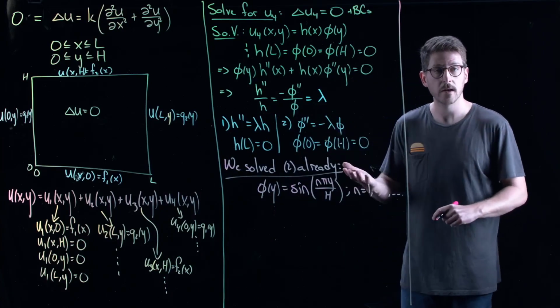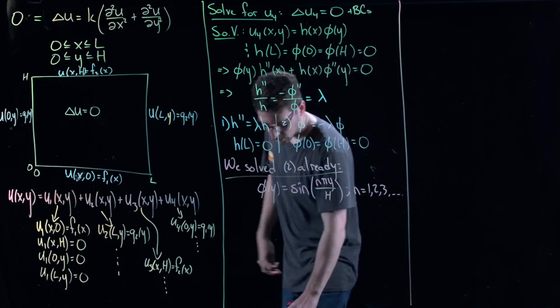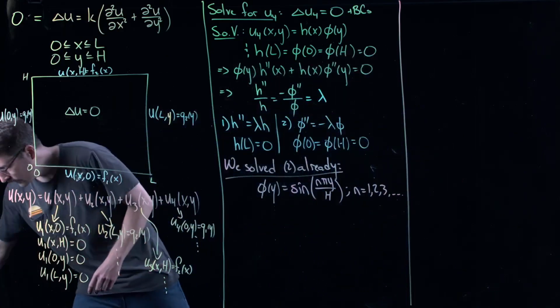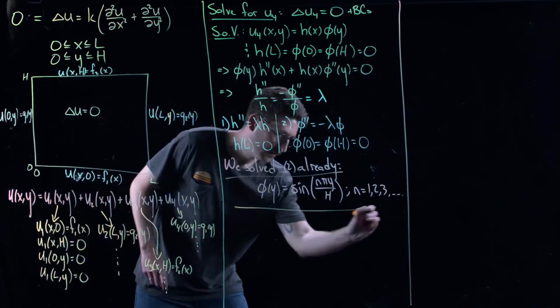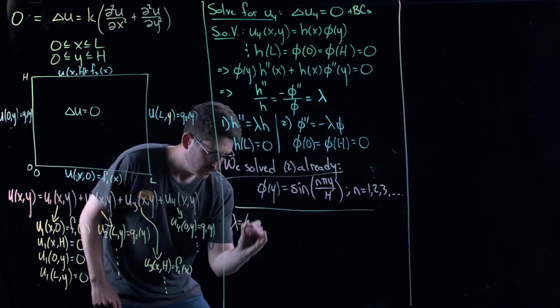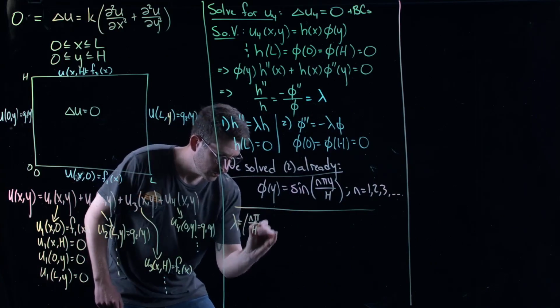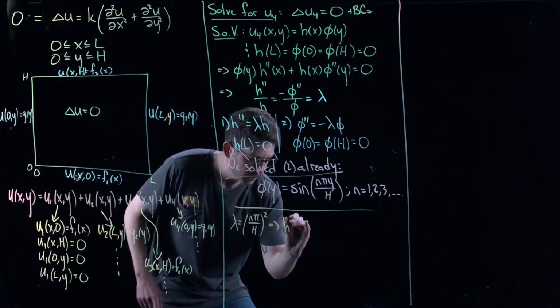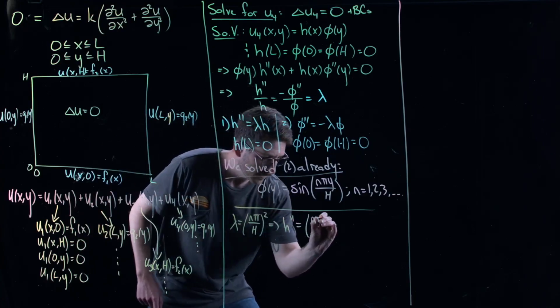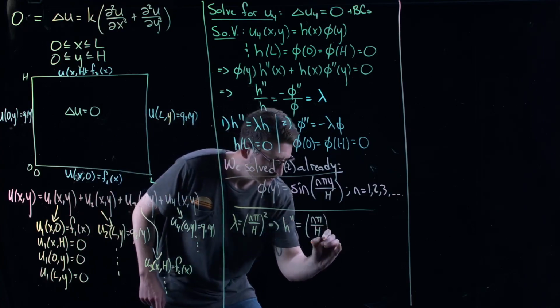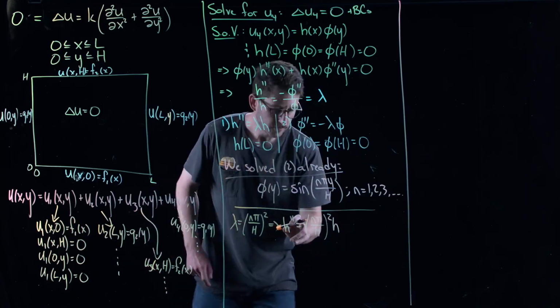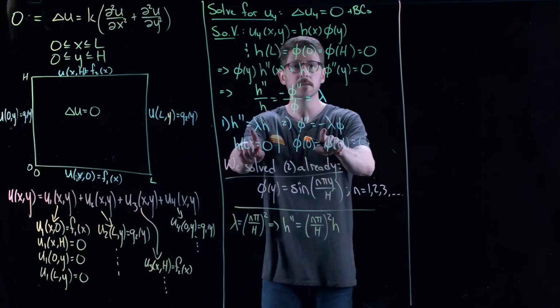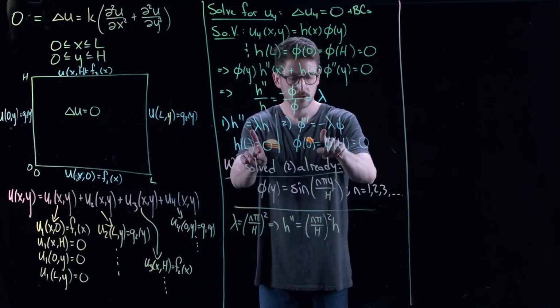Because it has to be n pi over h squared. So that means that lambda equal to n pi over h squared gives you h double prime is equal to n pi over h squared h. No negative here anymore, right? This is the difference in the two equations.